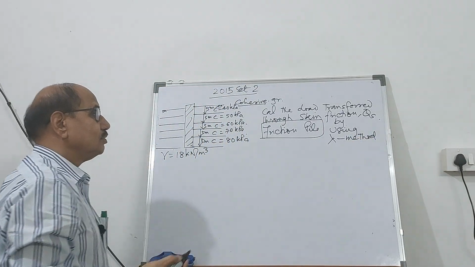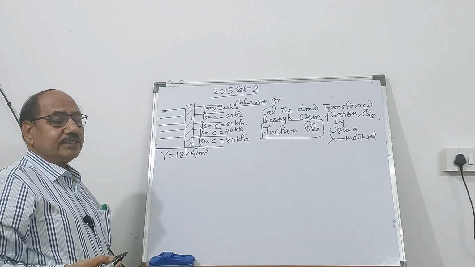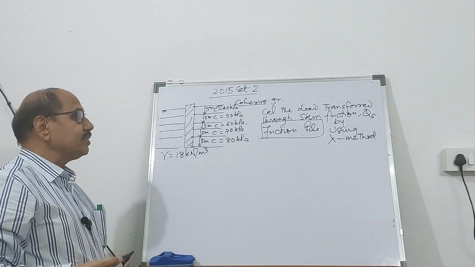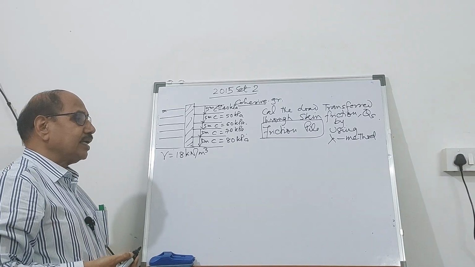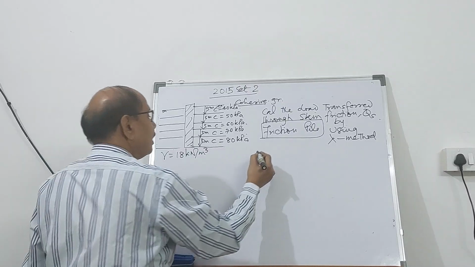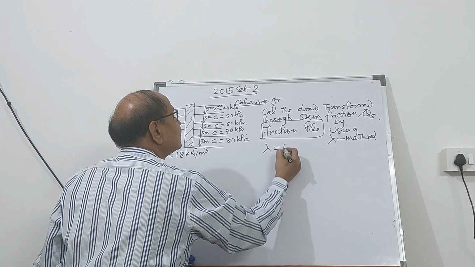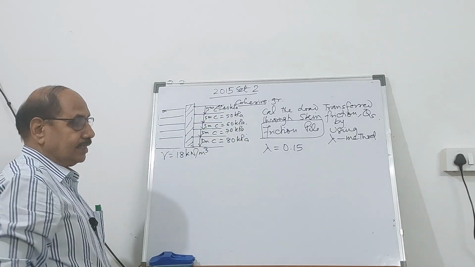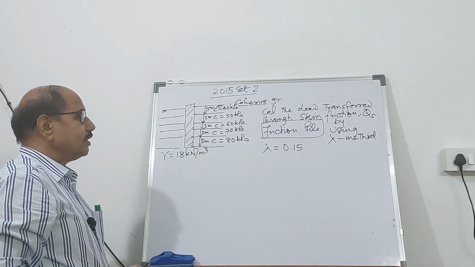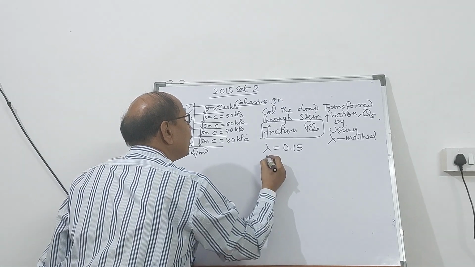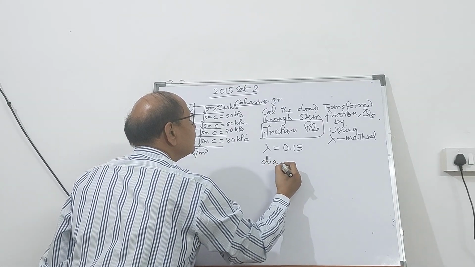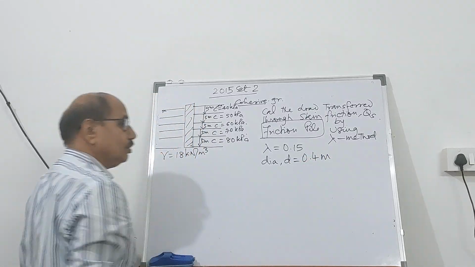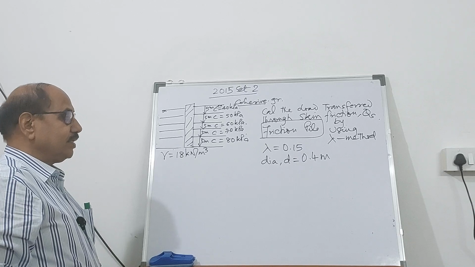In the alpha method, you know that the unit skin friction becomes alpha times Cu. Similarly, in the lambda method, you will have to use it. And the value of this coefficient lambda is given as 0.15 throughout the layer. And the diameter of the pile is given to you as 0.5 meter.